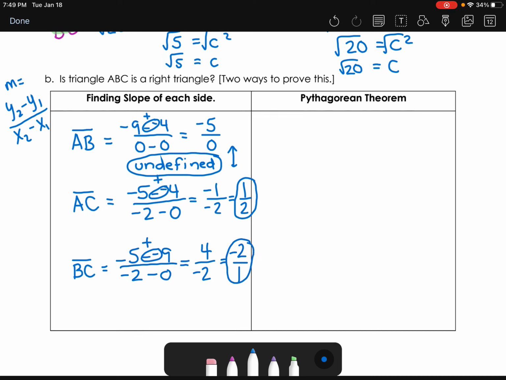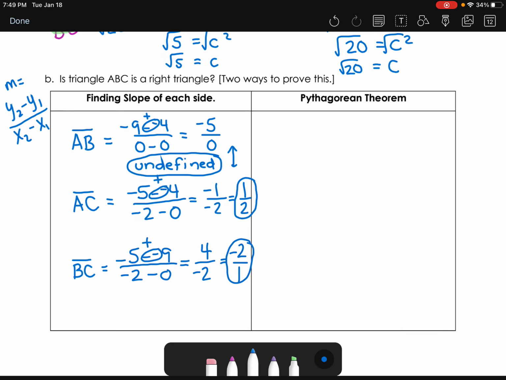So now take a look at those two slopes. Are those negative reciprocals of each other? If you flip one and change the sign, do you get the other slope? If you flip 1/2, don't you get 2 over 1?